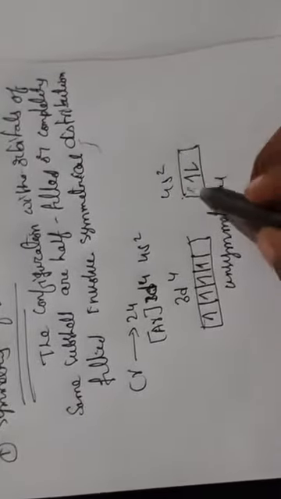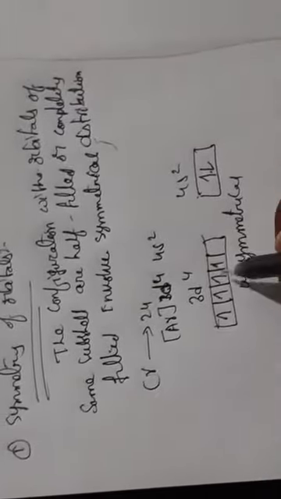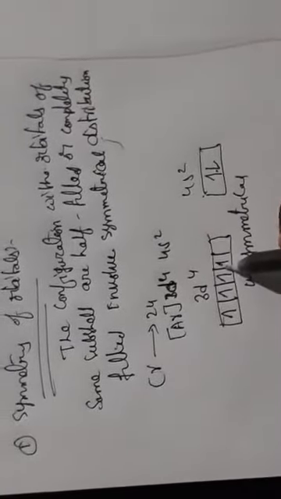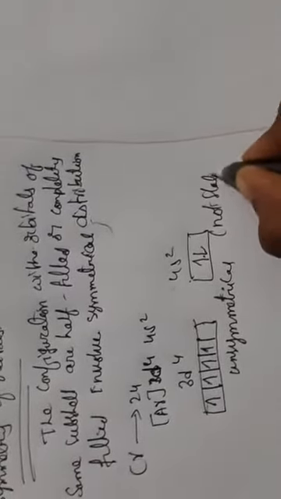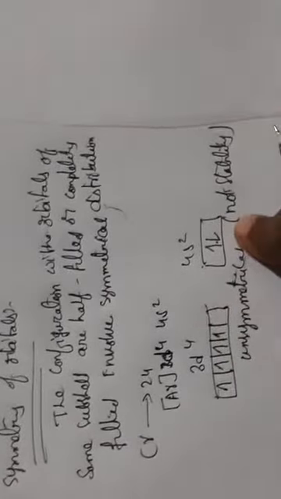Because it does not have equal distribution. In a symmetrical arrangement all spins would be in the same positive direction, but here unsymmetrical arrangement takes place. It is not stable, and the spin direction is not the same. If you see, the direction is different. That's why it is unsymmetrical.